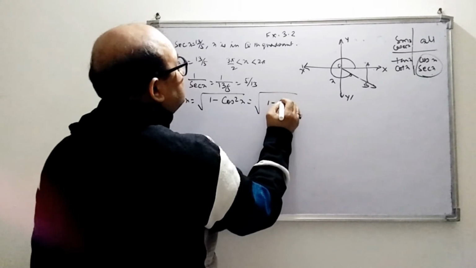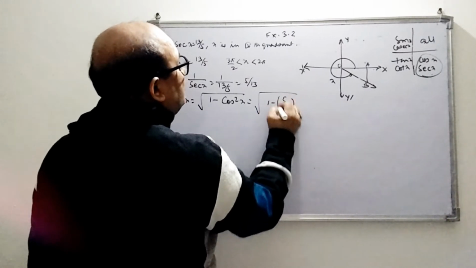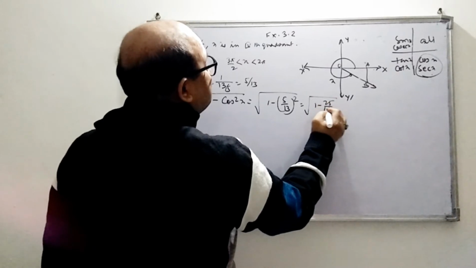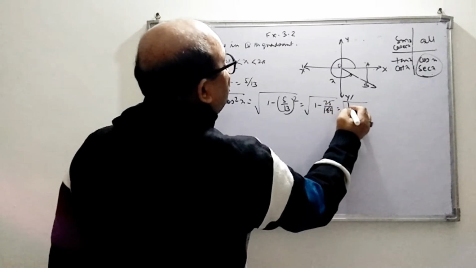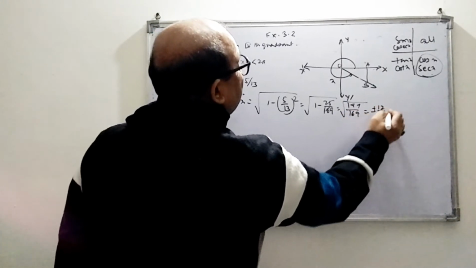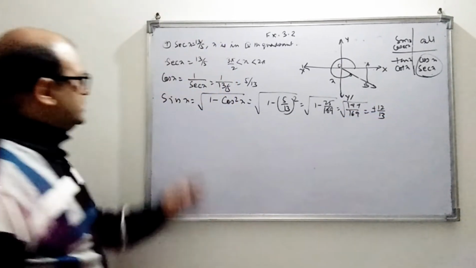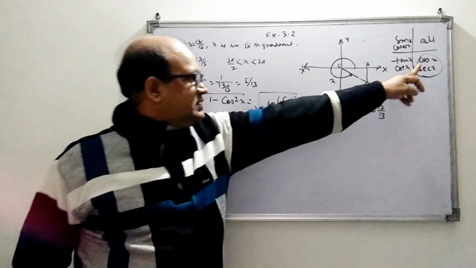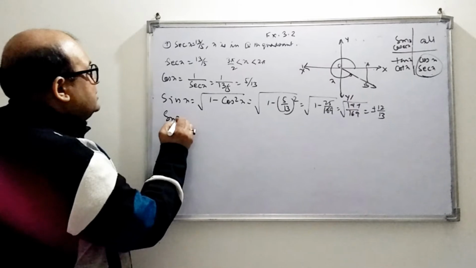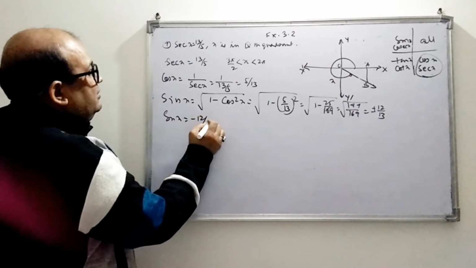So 1 minus 5 by 13 whole square. That gives you 1 minus 25 upon 169, that gives you 144 upon 169. That is plus minus 12 by 13. Now sin x is negative in the fourth quadrant. So we take sin x equal to minus 12 by 13.